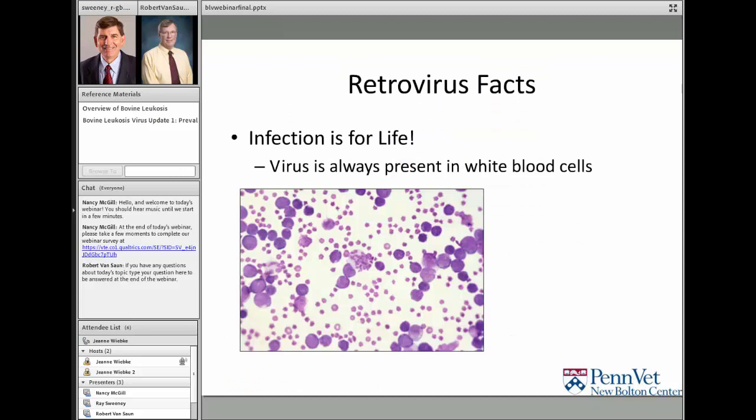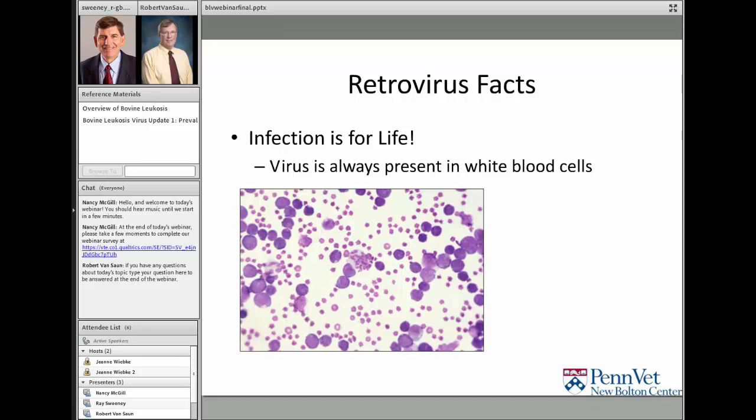Well, let's get back. We'll talk some more about that a little bit later, but let's get back to talking about the retrovirus, the BLV virus in cows. There's a few important facts about the way this virus behaves that will help us understand some of the disease processes that we see associated with BLV in cattle. The first is that once an animal is infected with the virus, they remain infected for the rest of their life.